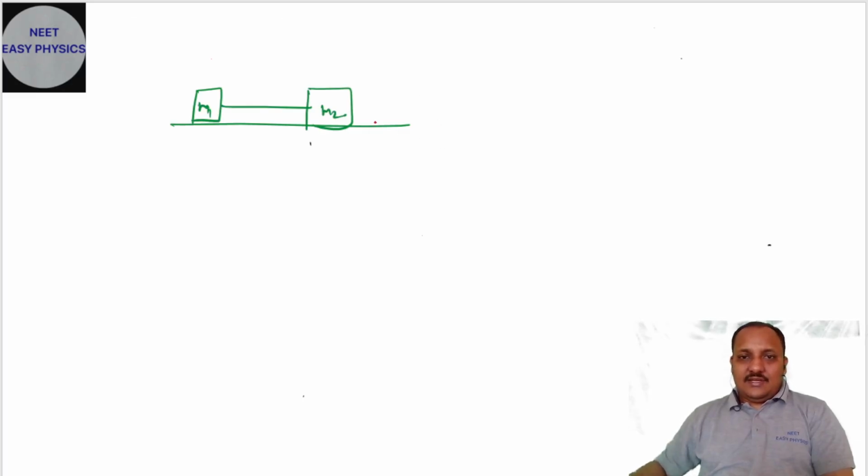Next, same question. Two masses I am giving now, M1 and M2. Let us assume F is applied at an angle theta. Now what is the acceleration? These two objects move in the horizontal direction.